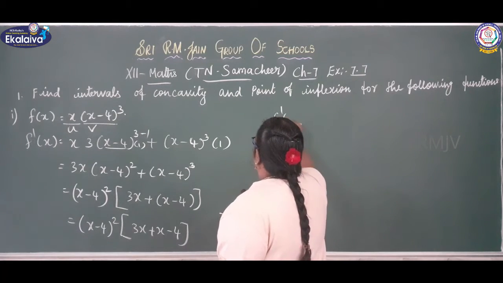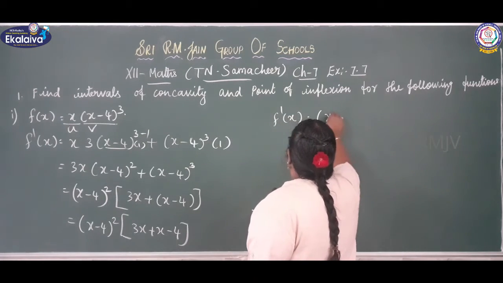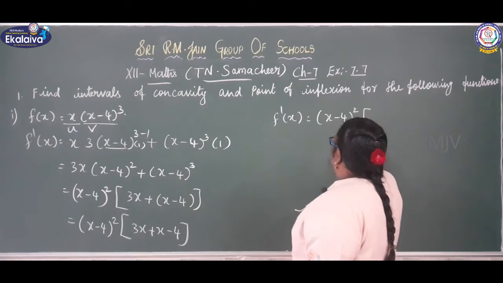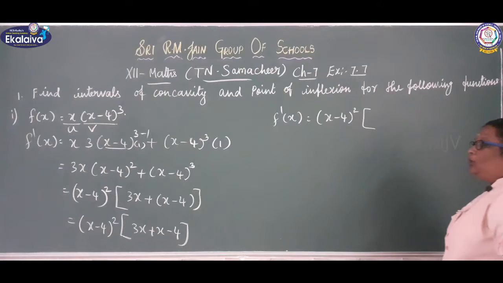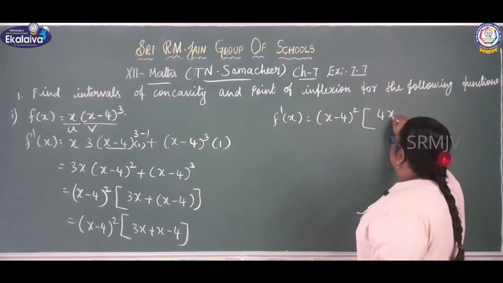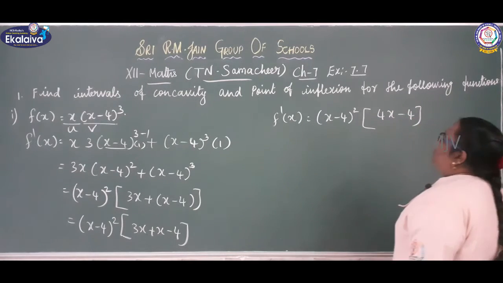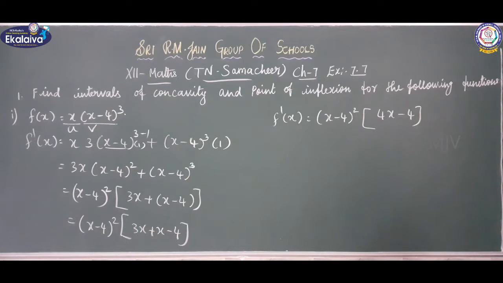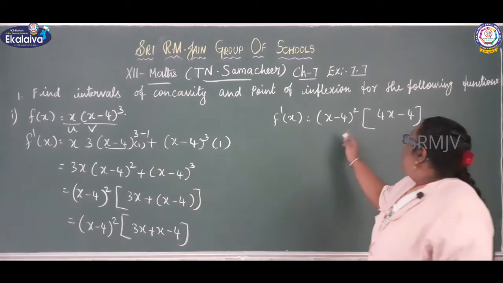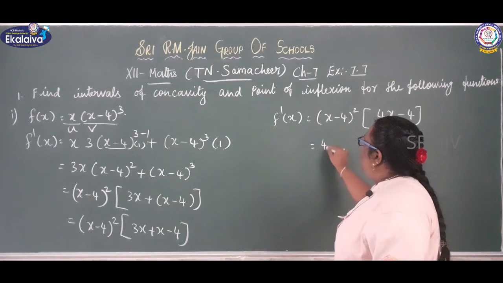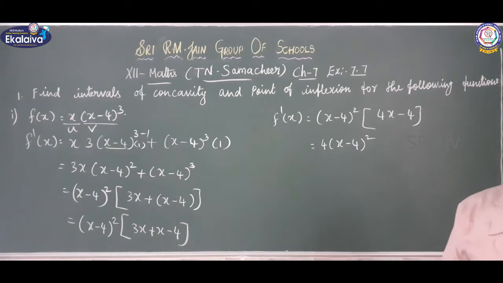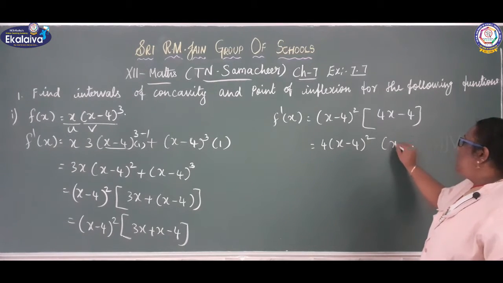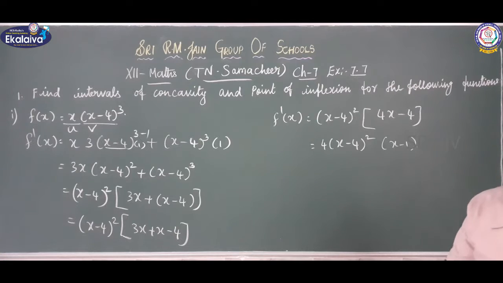So f dash of x equal to (x minus 4) the whole square into 4x minus 4. See, 4 is common, you can take it out. 4 into (x minus 4) the whole square into (x minus 1). See here, f dash of x equal to 4 into (x minus 4) the whole square into (x minus 1).